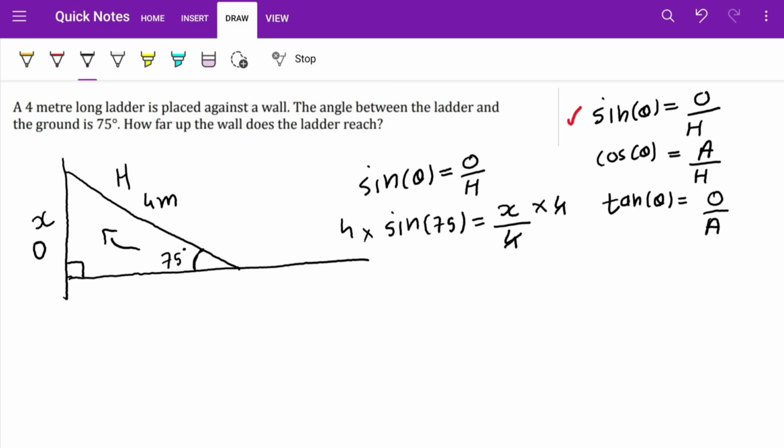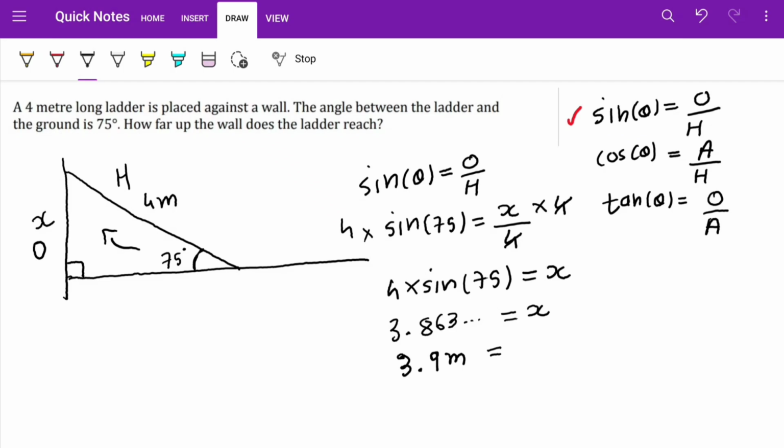So this cancels out, so we get 4 times sine 75 equals x. If you put this in the calculator, we get 3.863 equals x. So we'll round it to one decimal place, so we get 3.9 meters equals x, and that is the answer.